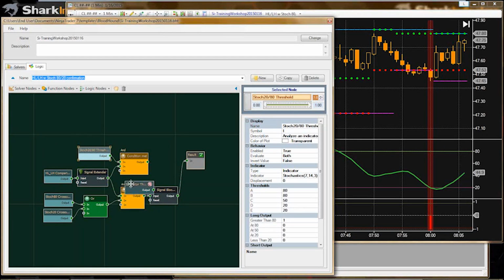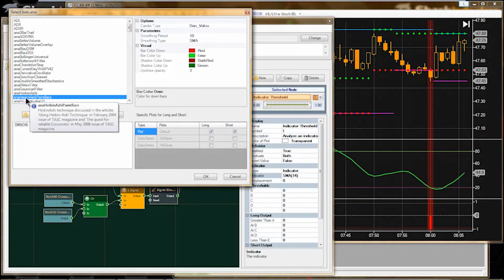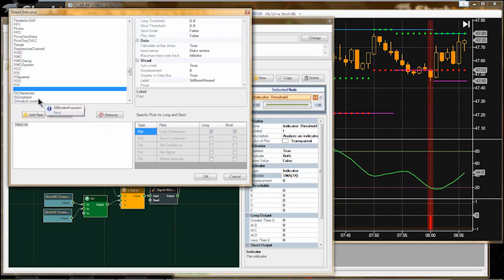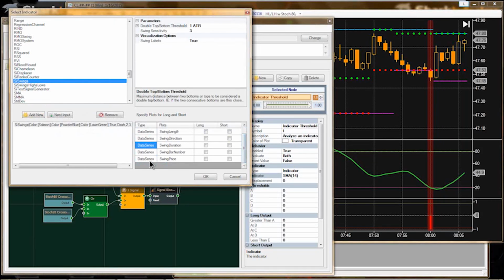I'll just drop a threshold on here. And so, as I showed earlier, the SI swing indicator, right? These are not plots. These are data series. So you can use a data series or a bool series to share the information with BloodHound as well.